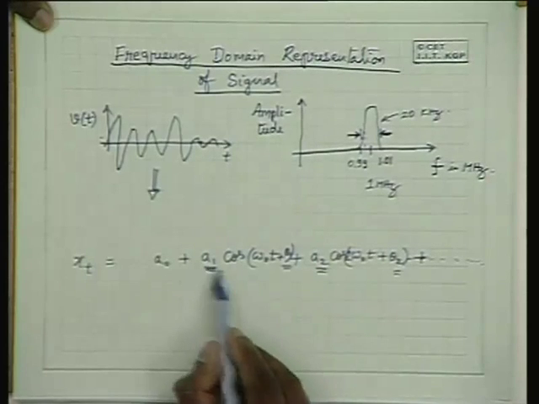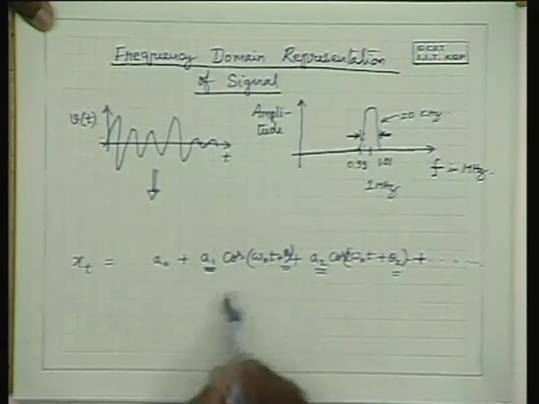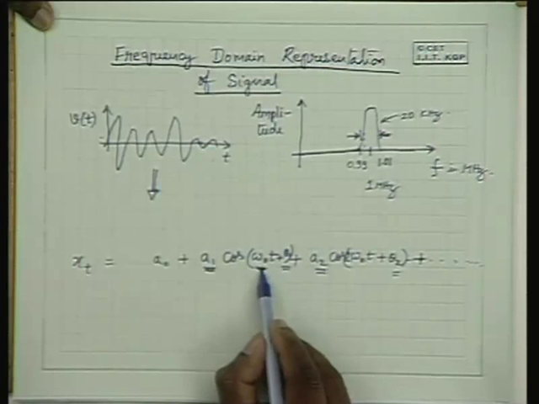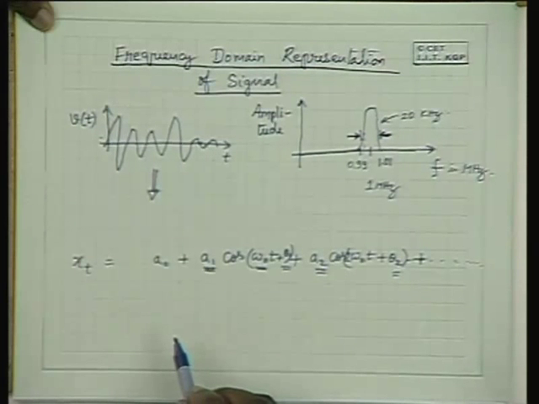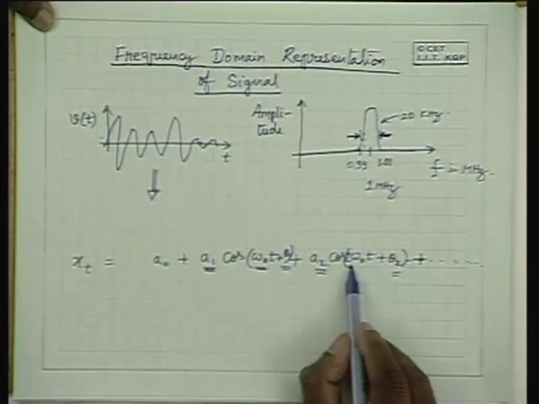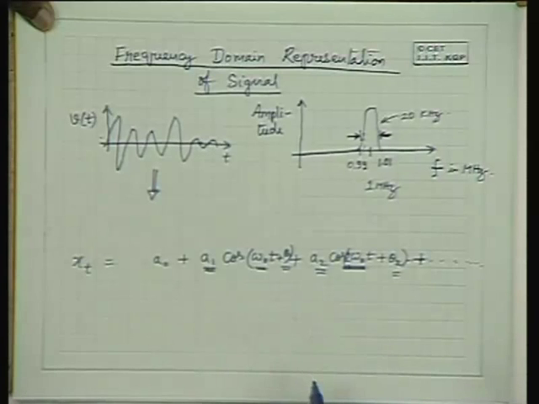Now, a spectrum is a plot of amplitude versus frequency. This component has a frequency omega naught, and A1 is the amplitude of this component. This has a frequency component 2 omega naught, its amplitude is A2.